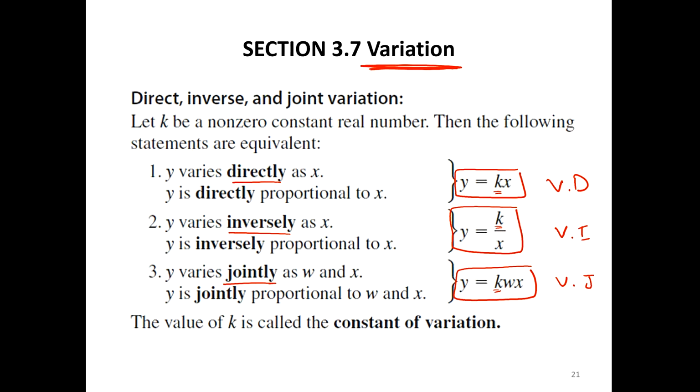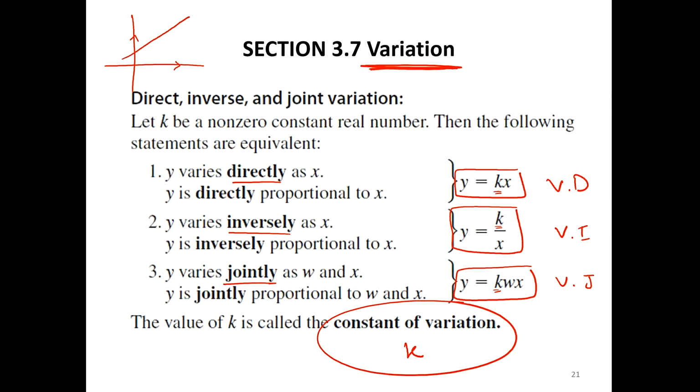This is called the constant of variation. This is the key. Look at the relation between Y and X. At an increase of X, we have an increase in Y, for example like this.